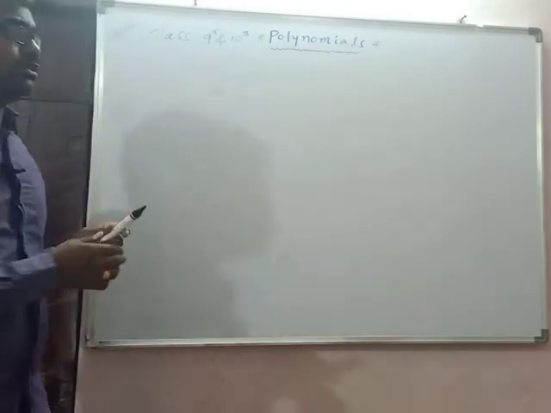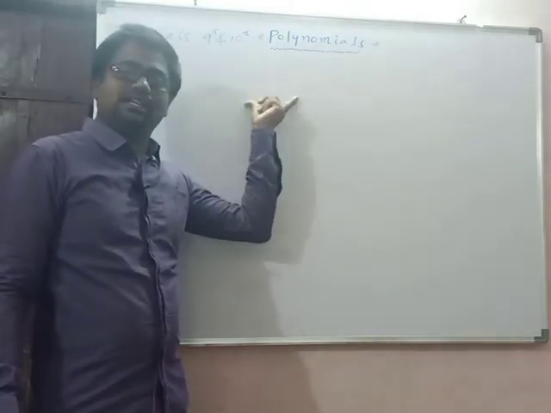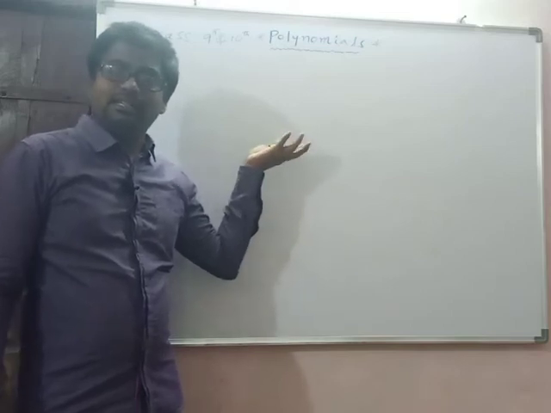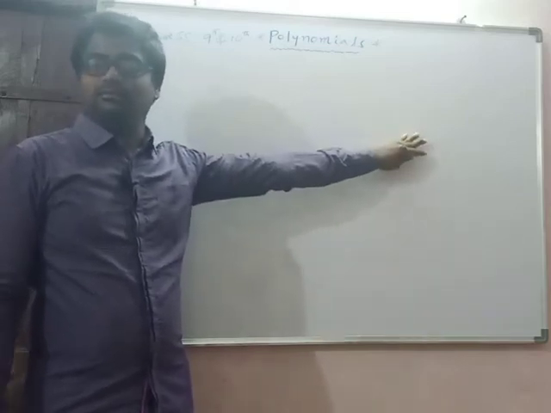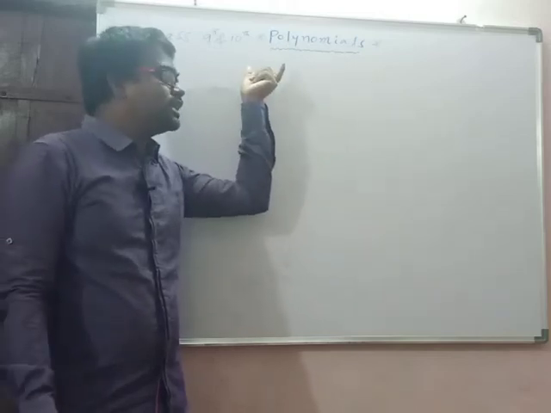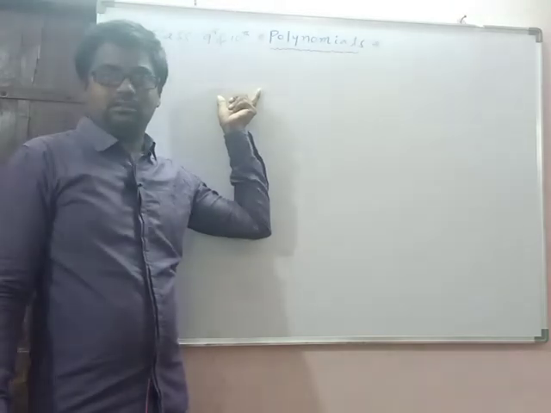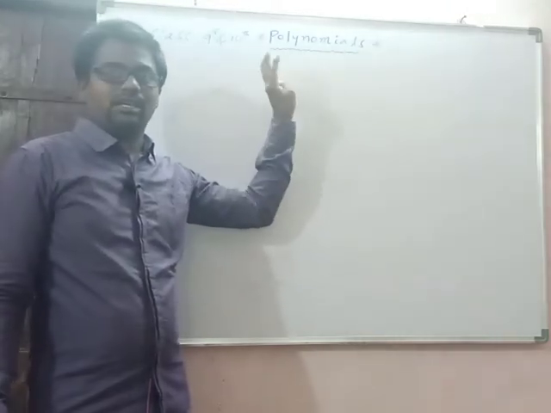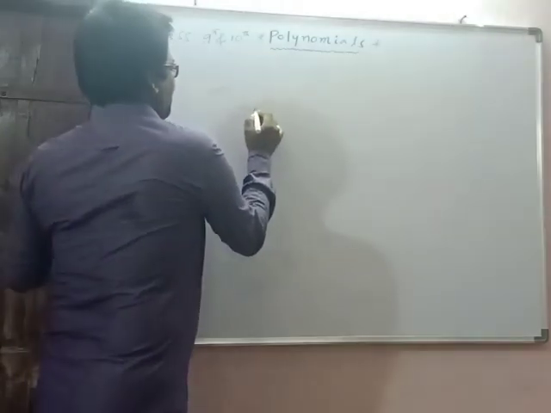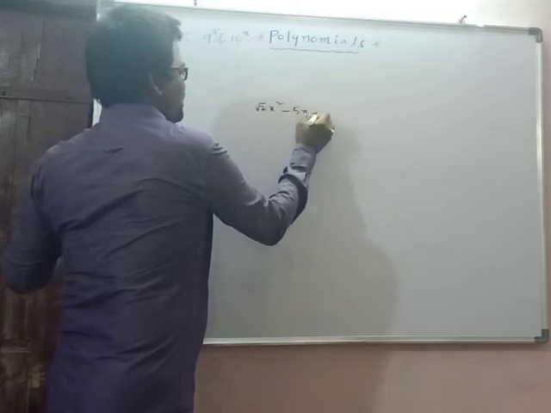But you have to identify: if a number has a root, negative, decimal or square root, then it will be also a polynomial, because we are discussing only the variable, not a number. That you have to remind. Because they are confusing in examples, they will give like that: root 2 x square minus 5x plus 3.